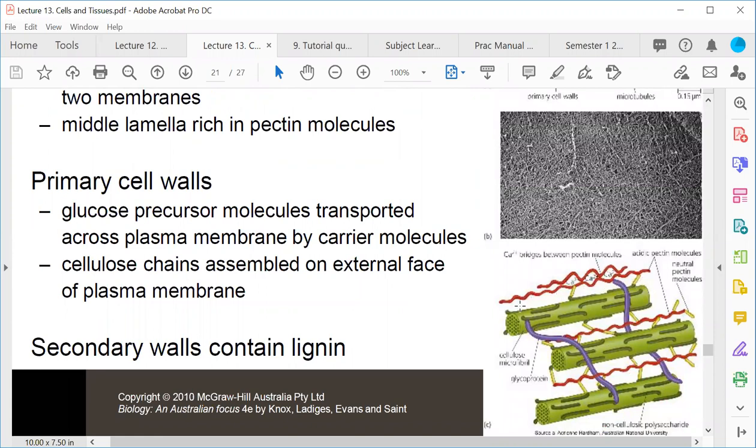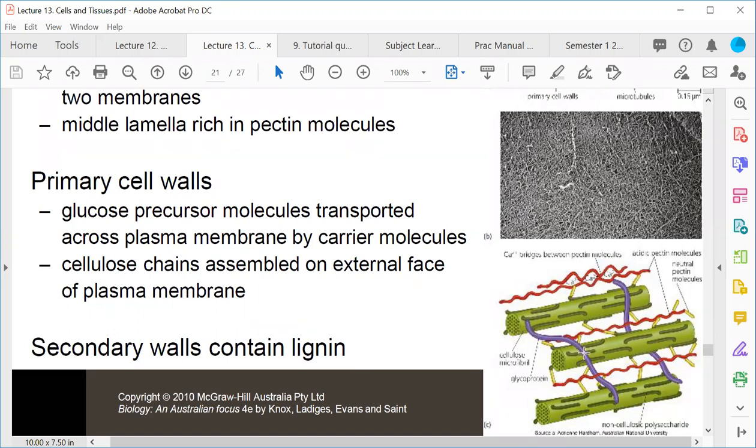In green, we have our cellulose microfibrils, so 1, 2, 3 are shown here. Then we have 2 different types of pectin molecules. We have acidic pectin molecules, here in red, and then we have these smaller neutral pectin molecules in yellow.